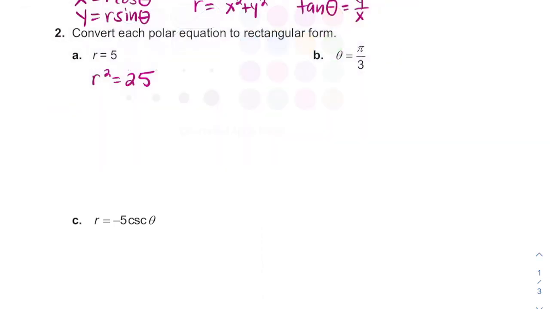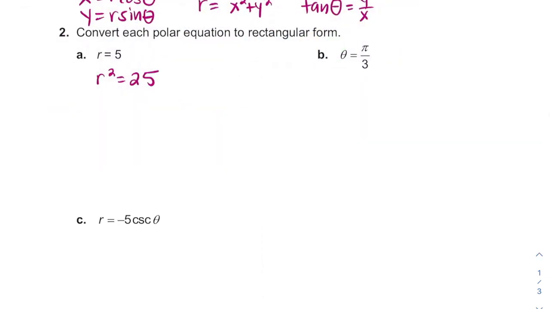And now I can use r squared is equal to x squared plus y squared and make the replacement, so x squared plus y squared is equal to 25. And the r is gone, there are no trig functions, there are no thetas. This is a rectangular equation, so we can put a box or circle around that. This is a circle centered at the origin with a radius of 5.